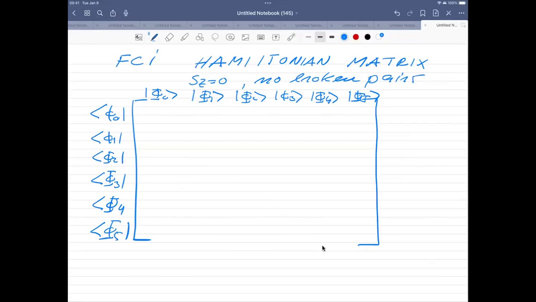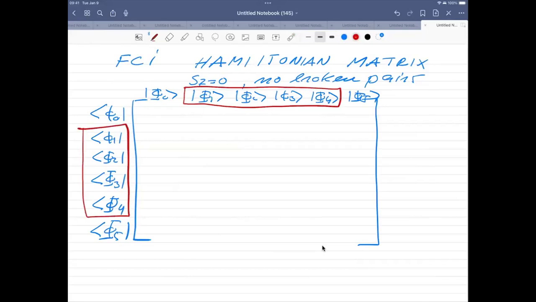matrix. Now, one thing which we know is that since we have now defined these states here to be 2-particle, 2-hole states, so the states in red here, they are 2-particle, 2-hole excitations.